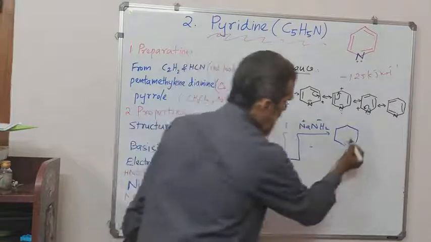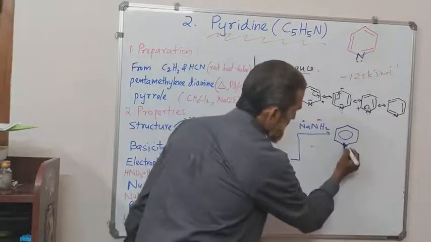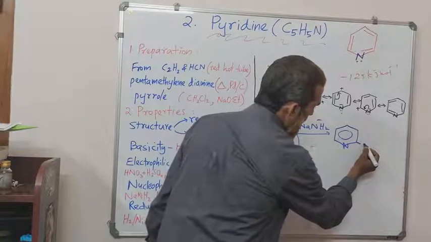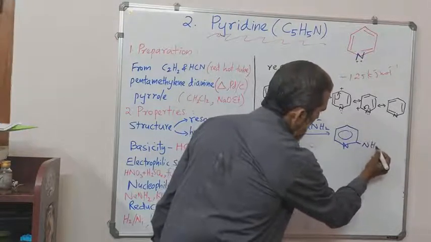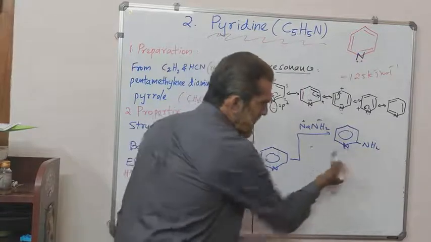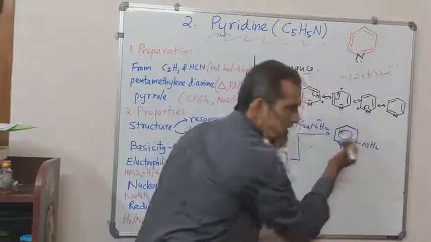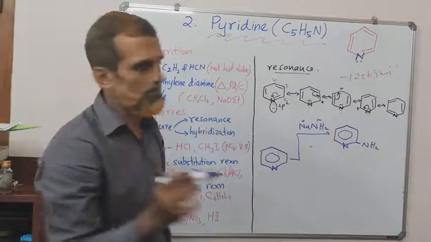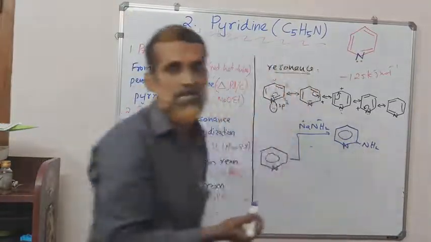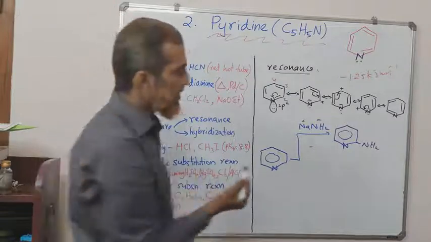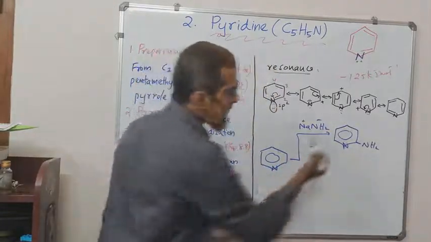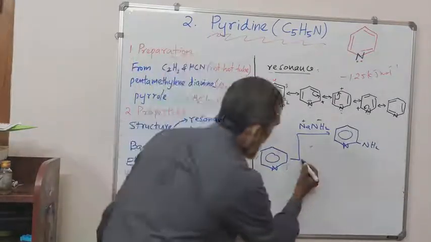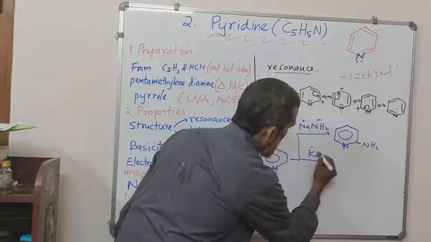More predominant substitution takes place at C2, maybe because the effect of nitrogen is more on this C2 position than at C4 position. So that gets more electron deficient, so that the nucleophile attacks. What is this product? This is 2-amino-pyridine.